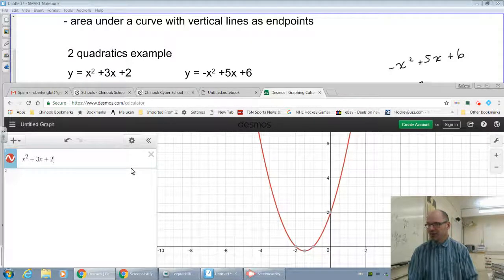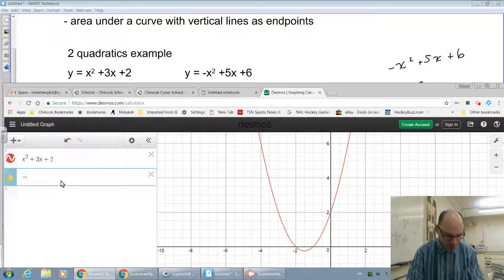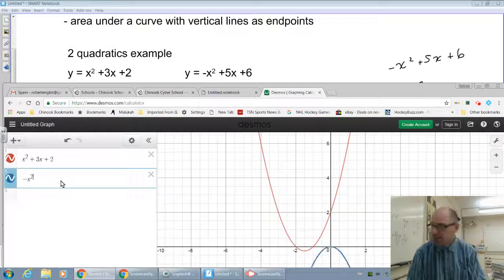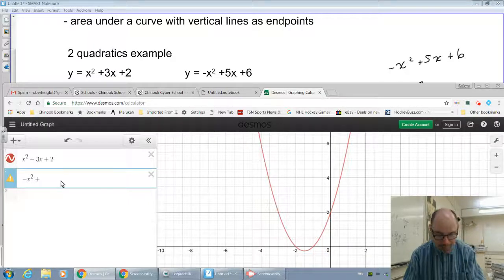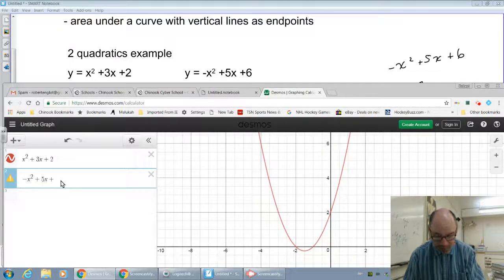So there, that's probably going to be our lower limit. So there's that one. And then in a different color, we'll do the negative one. Negative x squared plus 5x plus 6. Okay, handy dandy.